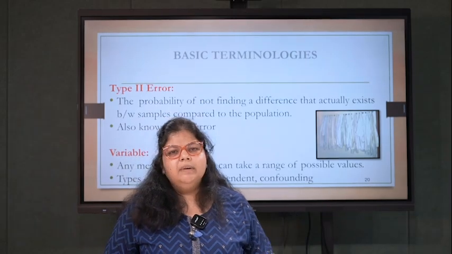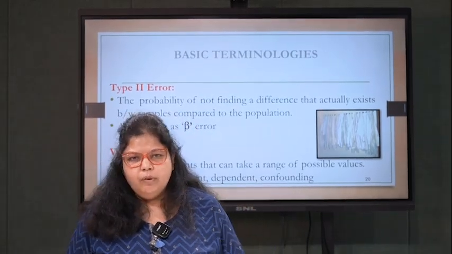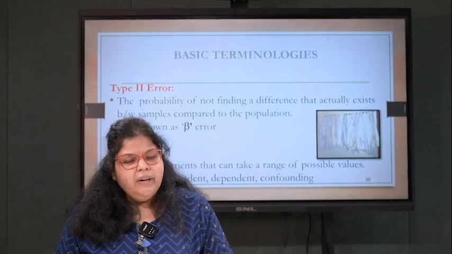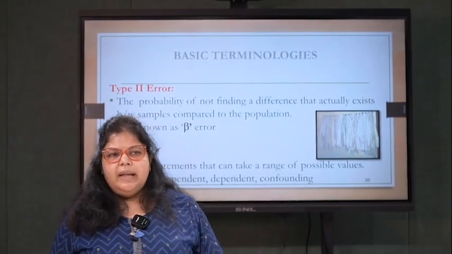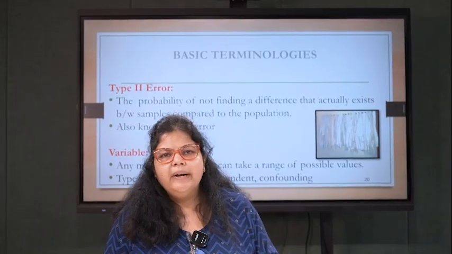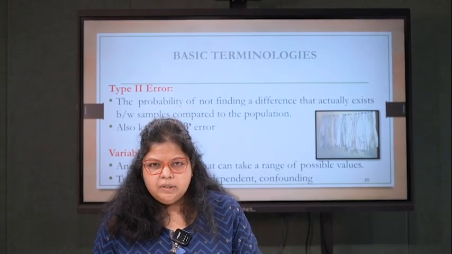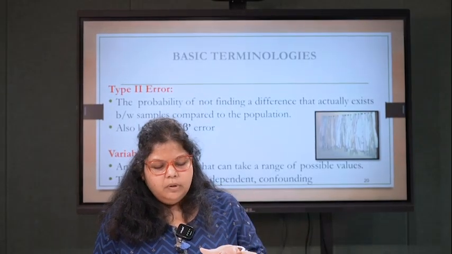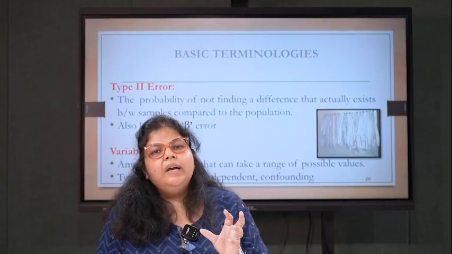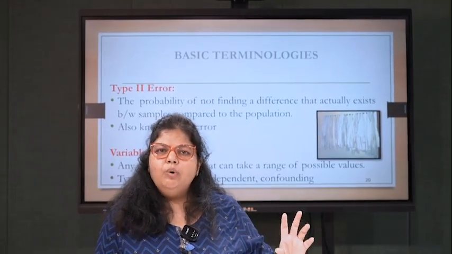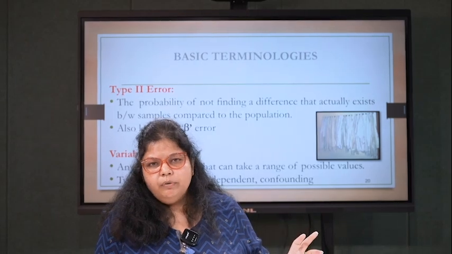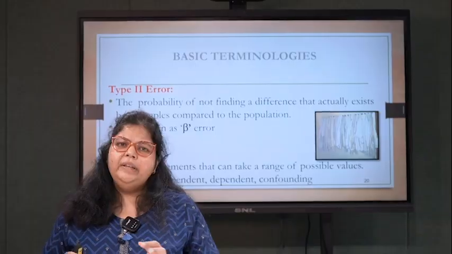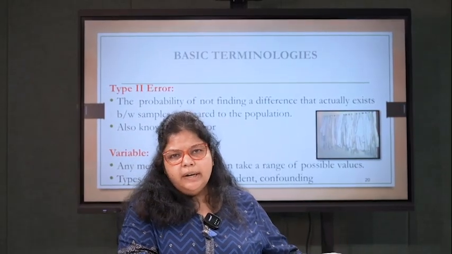And there are types of variables like dependent variable, independent variable, and confounding variable. Now what are dependent and independent variables? If we take the previous example, where having a larger amount of fluoride in drinking water may lead to fluorosis, dental fluorosis or skeletal fluorosis, the occurrence of this depends upon the amount of fluoride in the water.